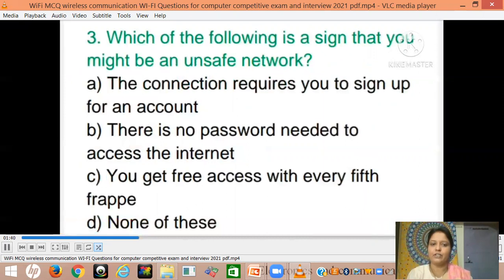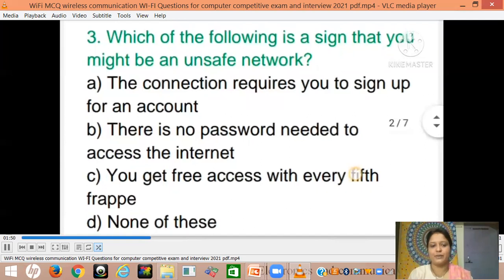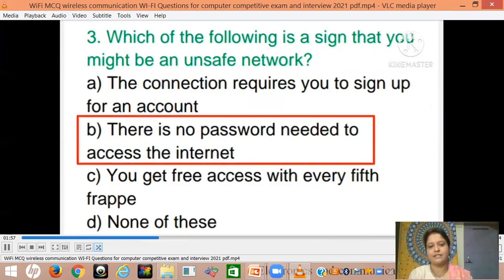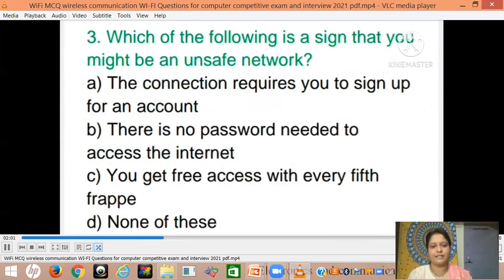Next one: which of the following is a sign that you might be on an unsafe network? The connection requires you to sign up for an account, there is no password needed to access the internet, you get free access with every fifth frame, or none of these. The answer is there is no password needed. If there is no password needed, then that is unsafe.